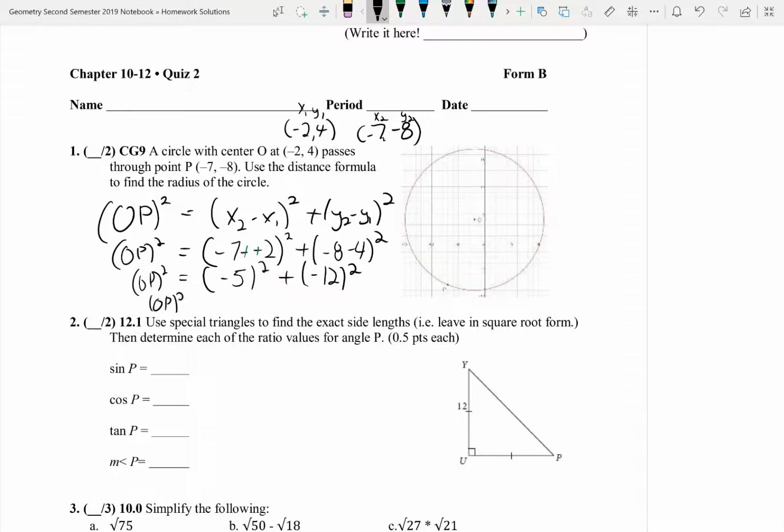So OP squared is equal to 25 plus 144 is 169. And so OP is going to equal the square root of 169, or 13 units. Okay. On this problem, when you do quiz corrections, you can get full credit back on that one.